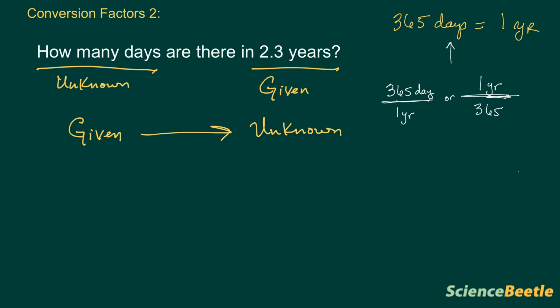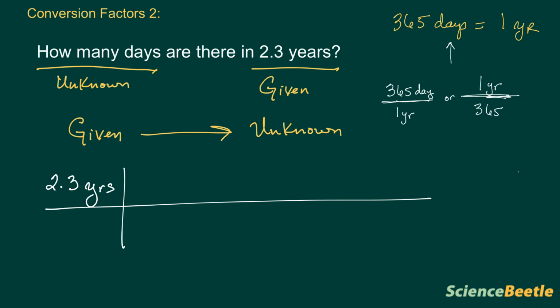Notice here that the given is actually given to us as 2.3 years. Now we need to go ahead and convert this to days, right? And so if we look at the two conversion factors over here on the side, from our general one, we had two fractions. The one where days is in the numerator and the other one where days is in the denominator. And so the only thing that's missing from this is days. So I'm just going to go ahead and write that there. So we need to decide which one do I use. Here's the general rule. You want to get the fraction in the conversion factor that you've got.